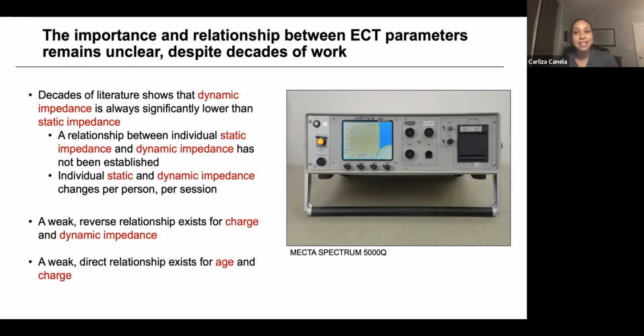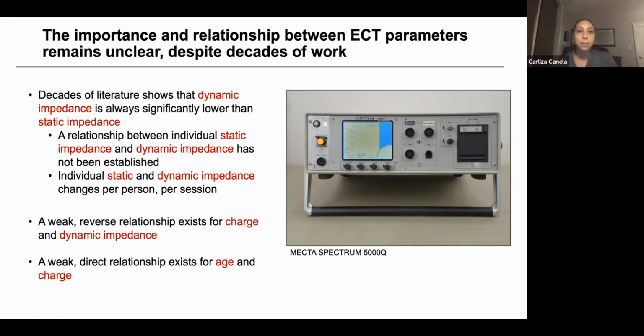Because ECT has been around for so long, there have been many publications over the past 80 or 90 years, and so certain things have been established. Among those is that dynamic impedance is always significantly lower than static impedance. Dynamic impedance ranges in the hundreds of ohms, and static impedance goes from several hundred ohms to sometimes many thousand ohms.